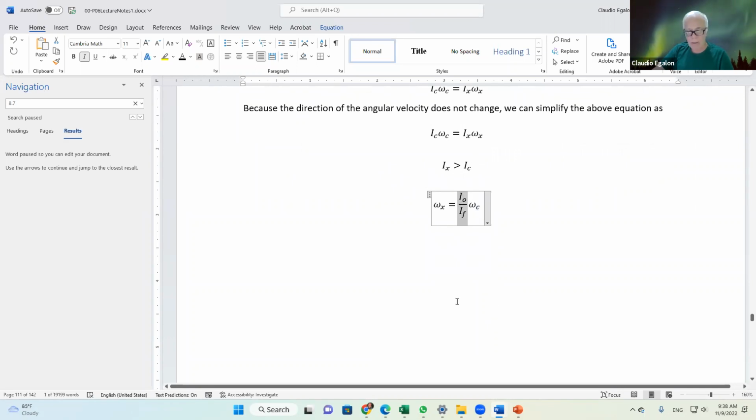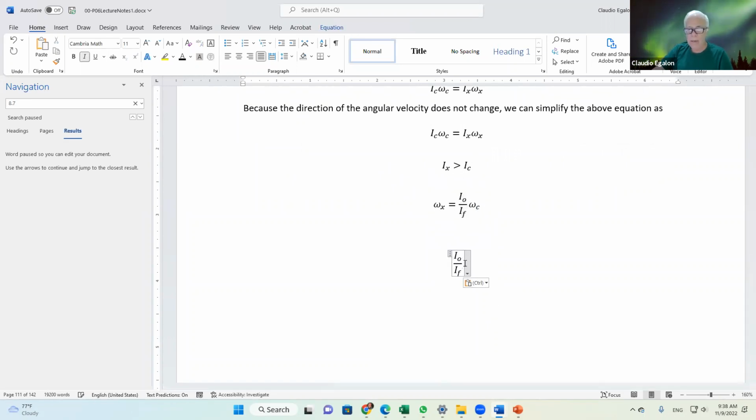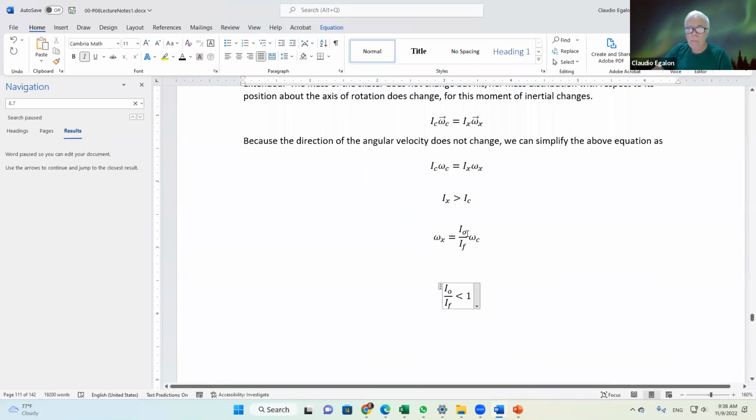What we have here is a number that's less than 1. Compressed, extended. What we have here is a number that's less than 1 because IX is greater than IC, right?